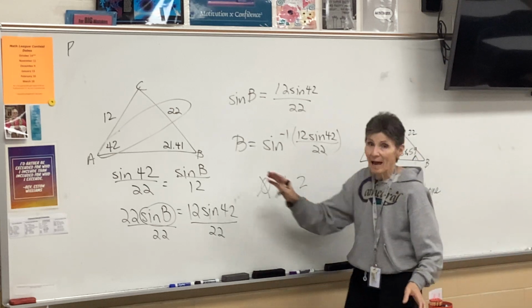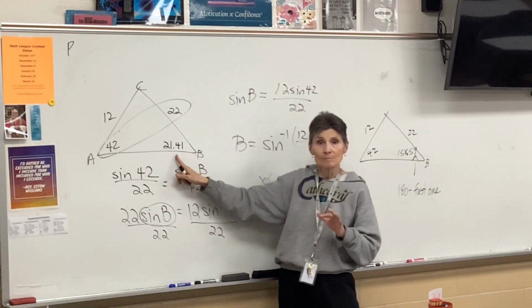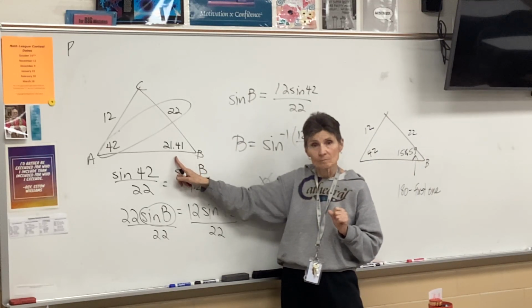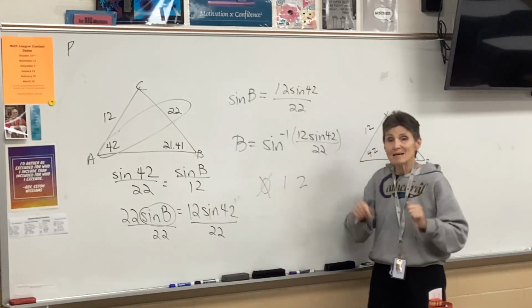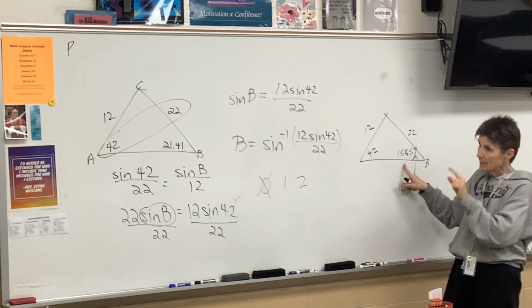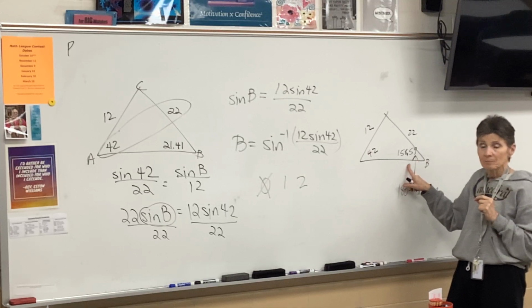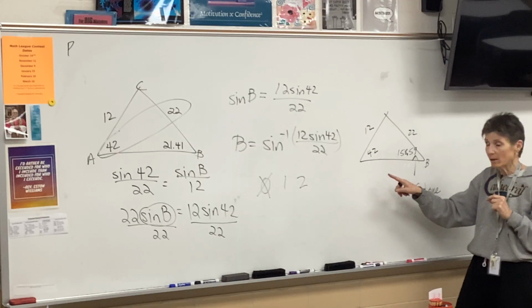So we did the math, we second sined, and got that angle. If there is a second angle, instead of being 21, it's 180 minus 21. Now, I want you to look at this scenario.